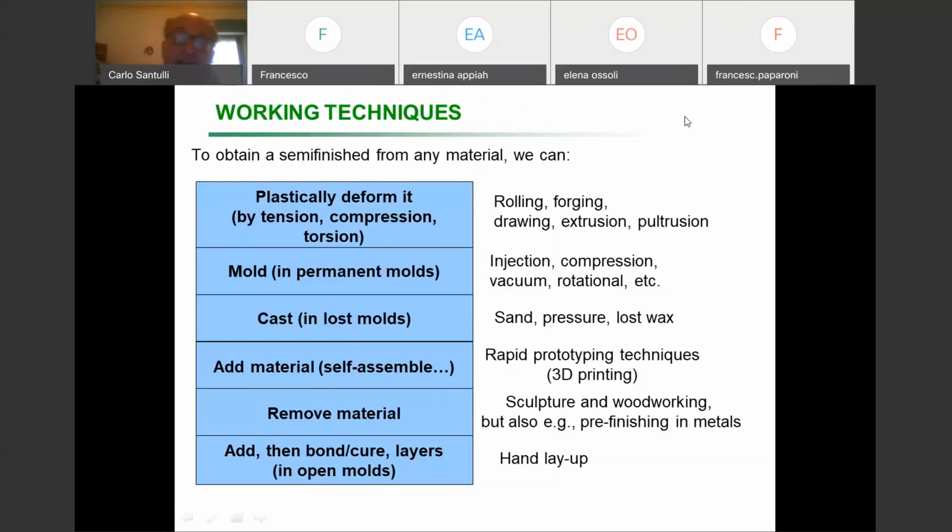We can see from this slide that there is a large number of procedures. This is general, so it doesn't refer only to metals, it refers to all materials. We can draw some general observations about this situation.